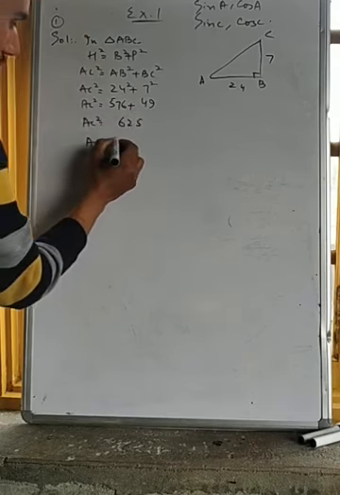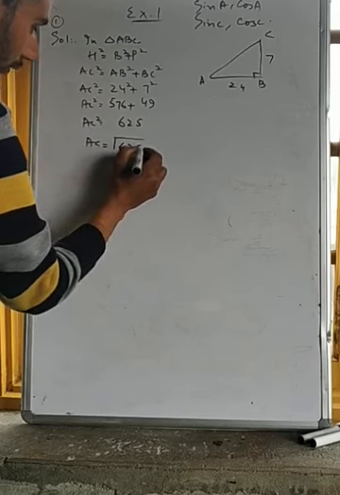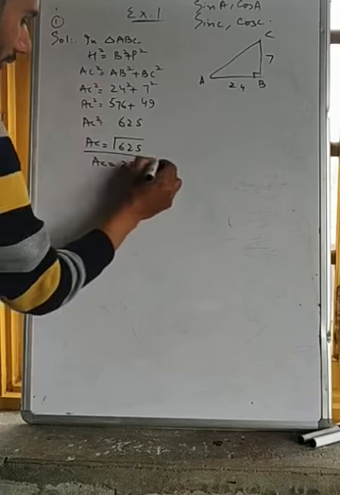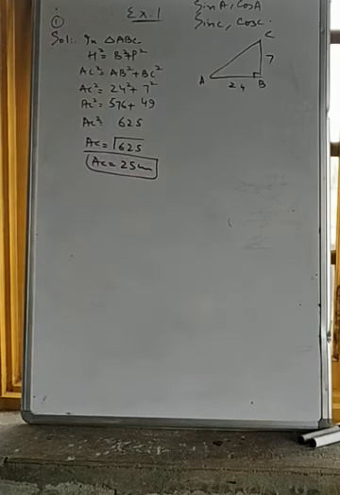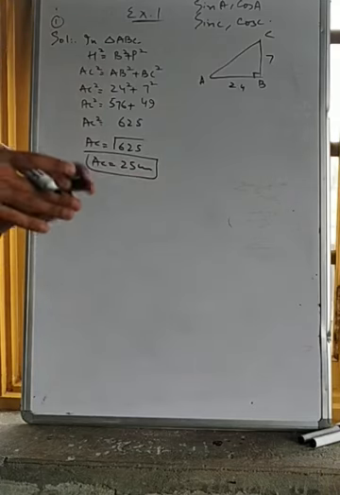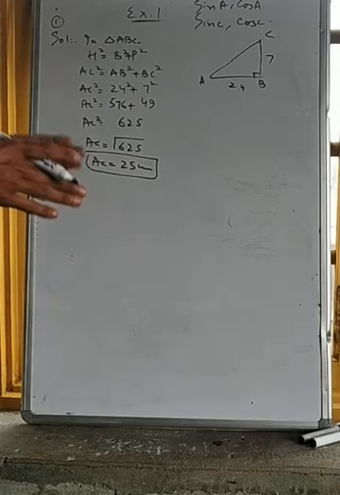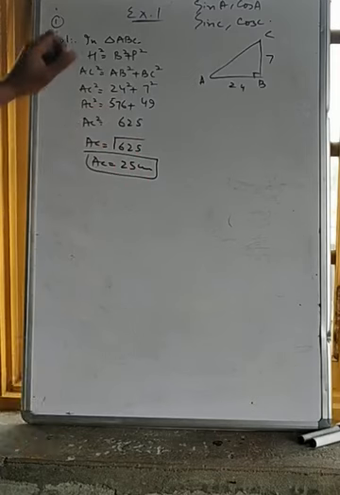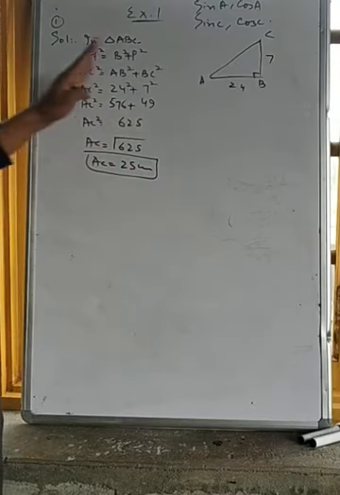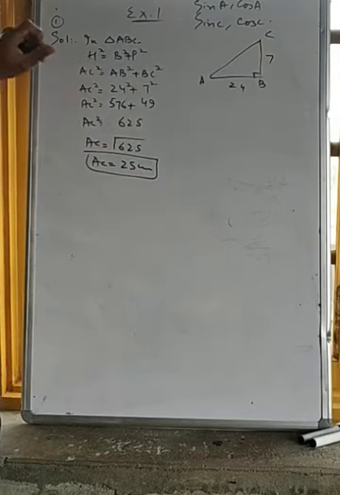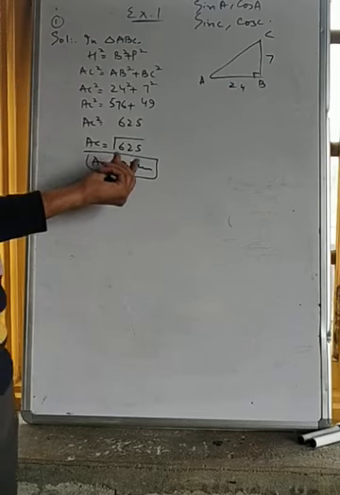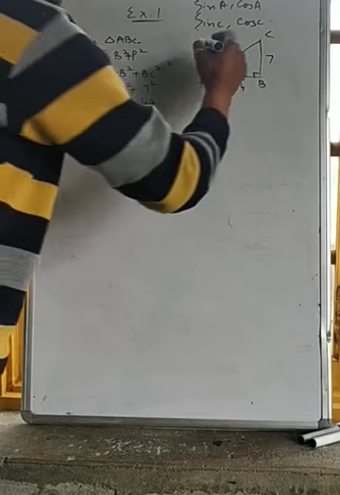AC is equal to root 625. AC is equal to 25 centimeter. So the first thing you have to make sure is that you have all the three sides given. We were given only two sides. By applying Pythagoras theorem, we are able to find the third one. So our third side is 25.